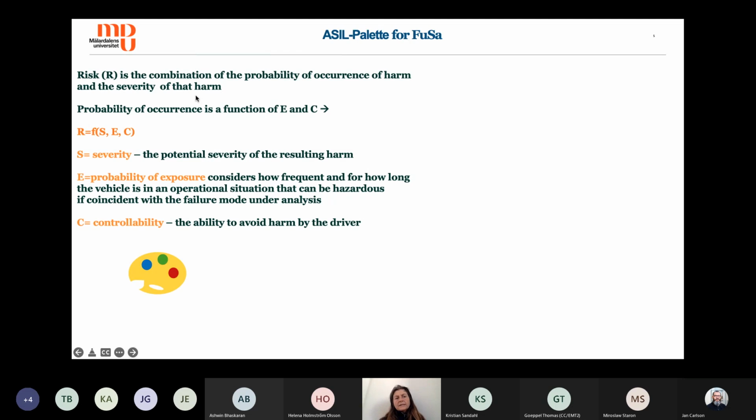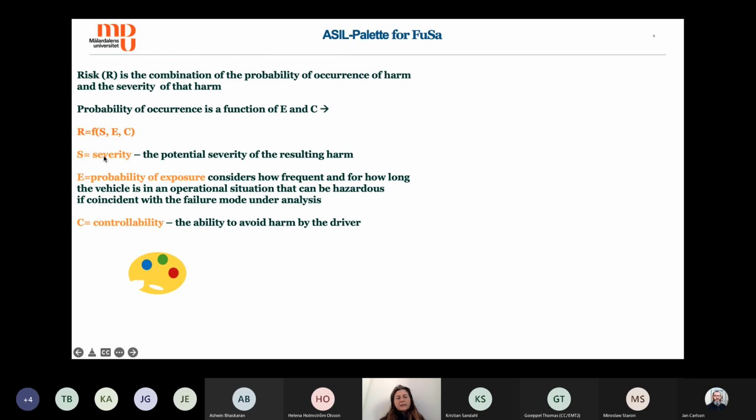So risk is defined as a combination of the probability of occurrence of harm and the severity of harm, where the probability of occurrence is a function of exposure and controllability. So in the automotive sector, risk becomes a function of severity, exposure, and controllability.